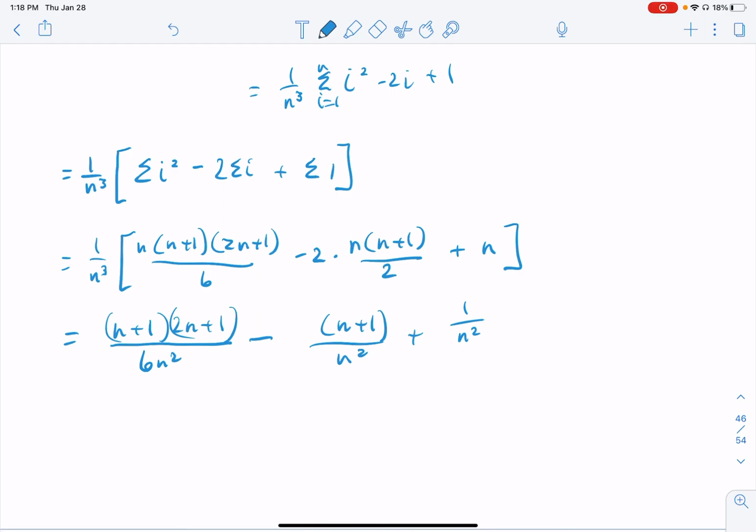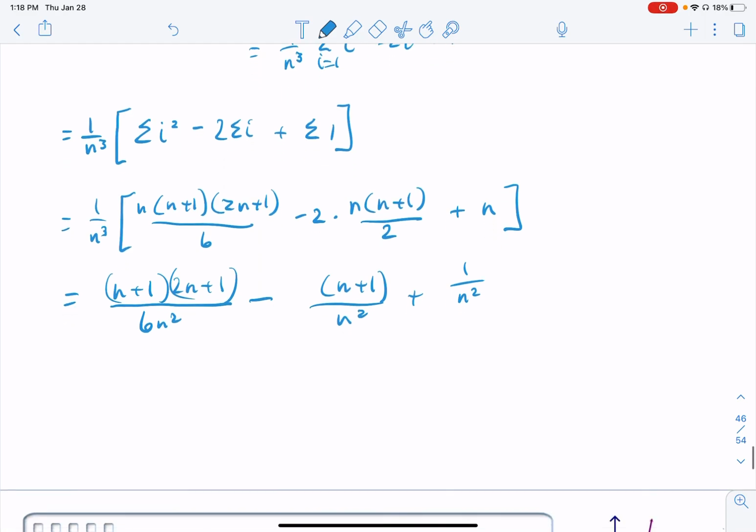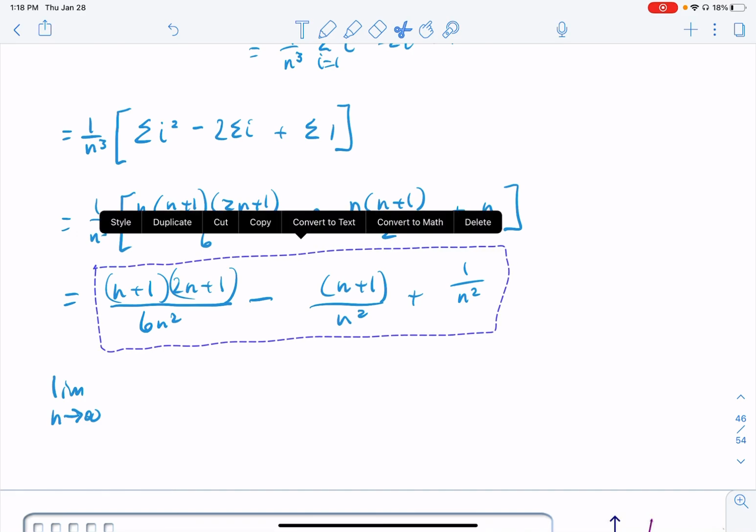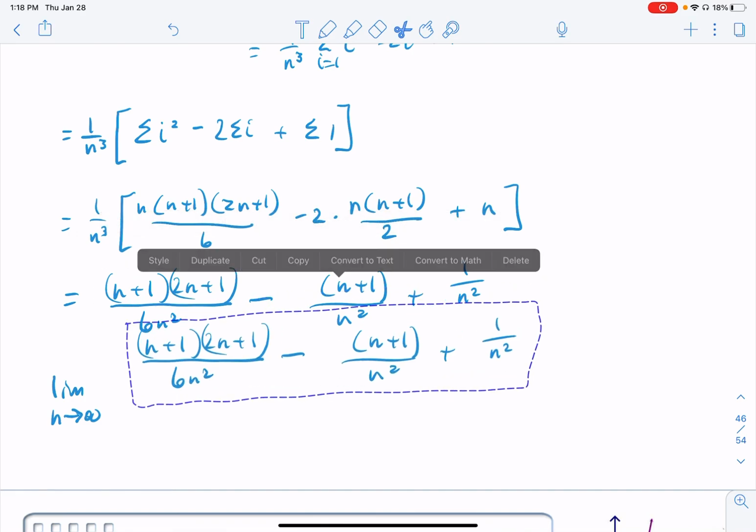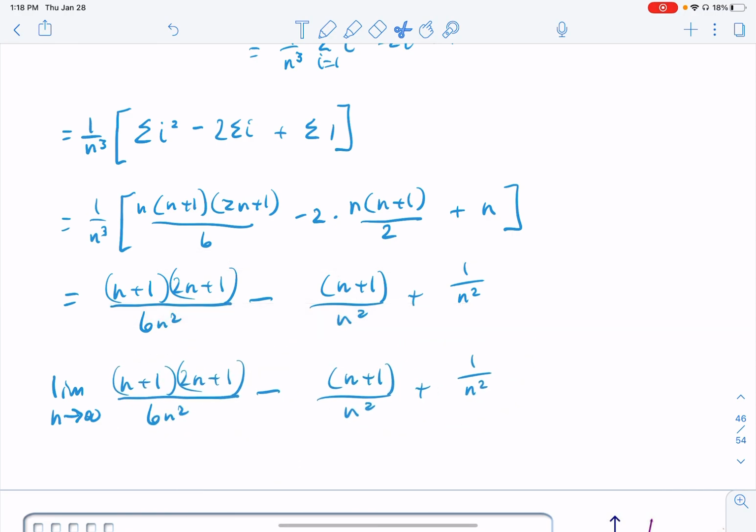All right, so far, fantastic. Now what do we do? We take the limit of all this. Limit as n approaches infinity. There's no way that this is going to turn out to be the same thing as it was before. No way at all. So I'm just going to duplicate that because I don't want to write it down again. Okay. Well, we already know the limit as n goes to infinity of this quantity, because that's essentially the same thing that we got for the right Riemann sum. That's 1/3.